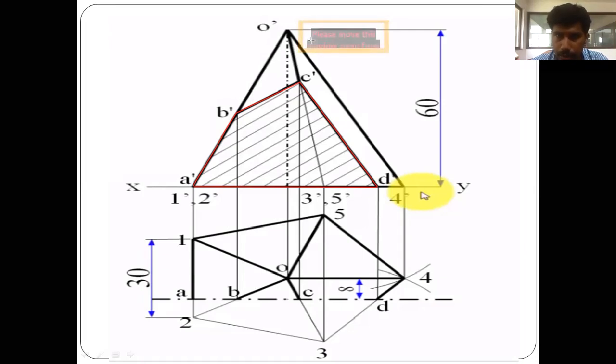Okay, so to hatch all these lines. Okay, so the hatching is done. Okay. So all these things we have to do.